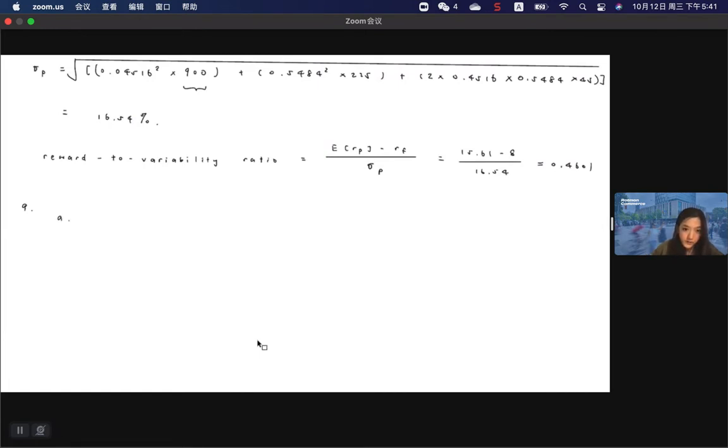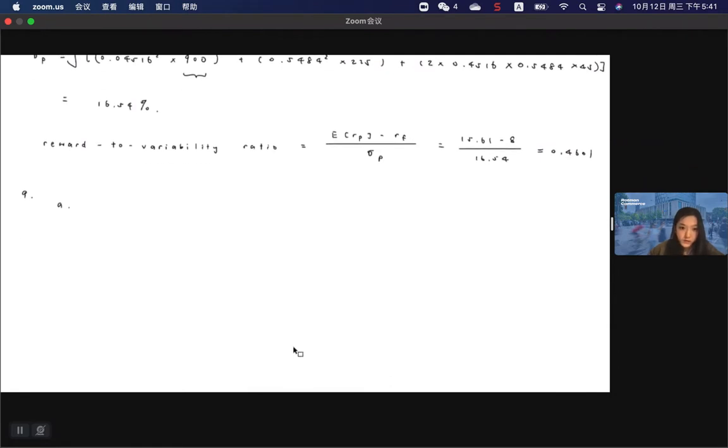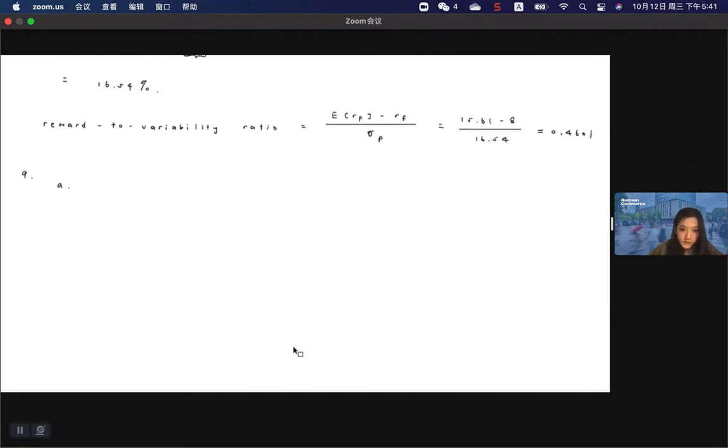So the first thing that you want to do is use this reward to risk ratio.